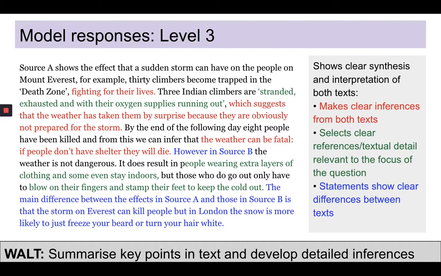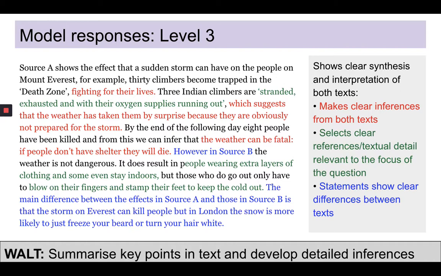People are stranded and exhausted, which suggests this, this, and this. And it starts to give more layers of inference. By the end of the day, we can infer that the weather can be fatal. If people don't have shelter, they will die. So it's starting to become a bit more clear here, the inferences, and it's a lot more relevant, right?